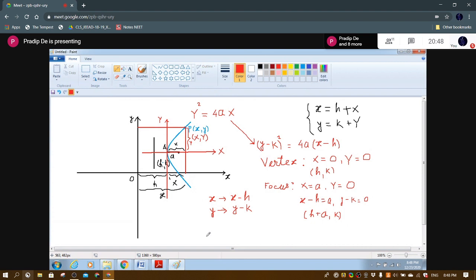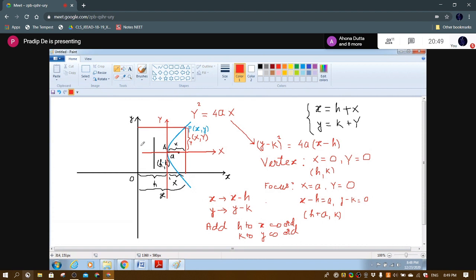And for the coordinates, add h to the x coordinate and add k to the y coordinate. Simple rule.